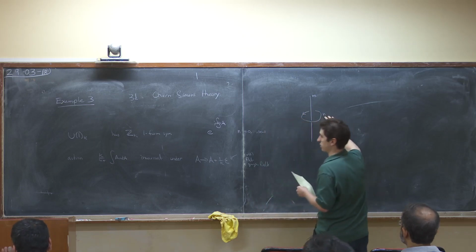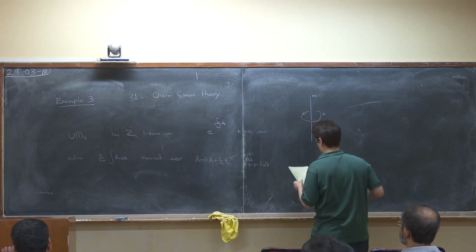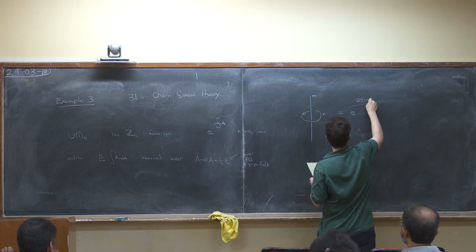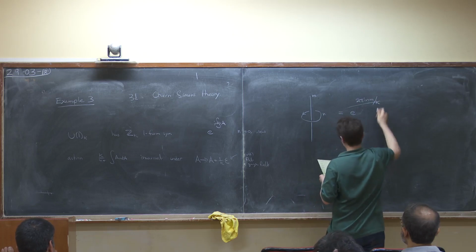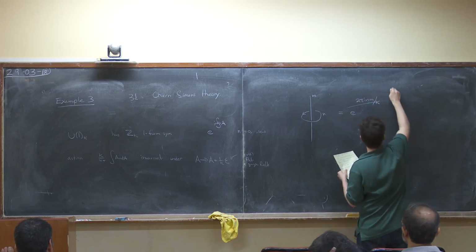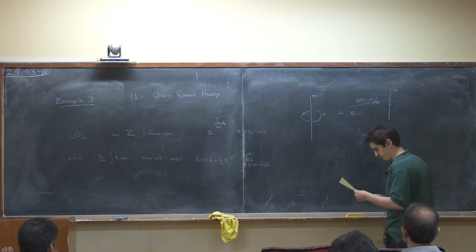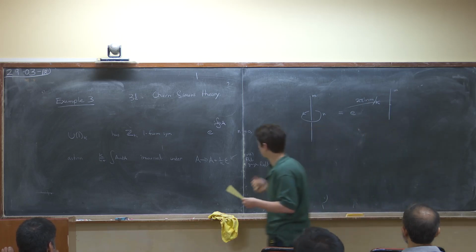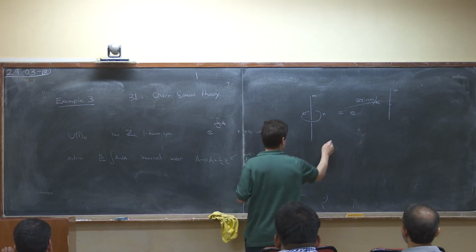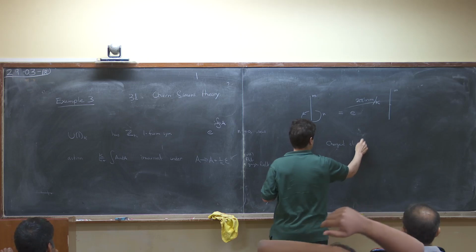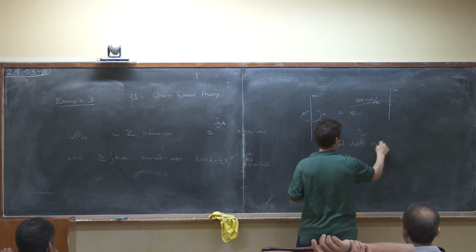So if this is the Wilson line of charge n, and this is the Wilson line of charge m, they have this braiding. Okay, so charged objects are the same Wilson lines.